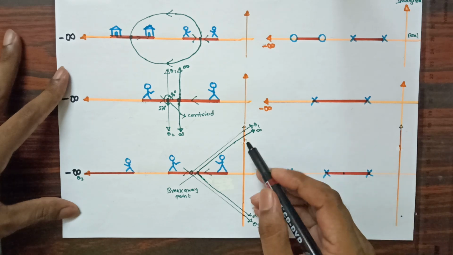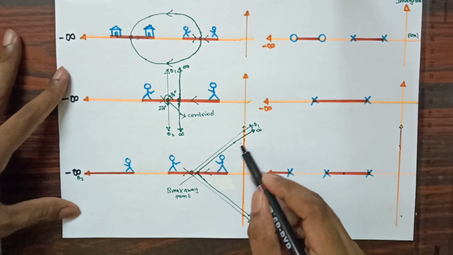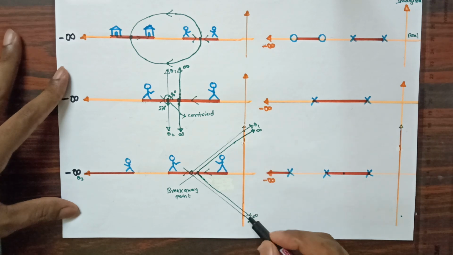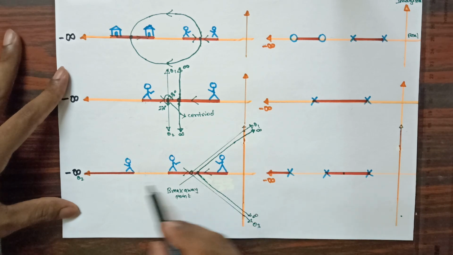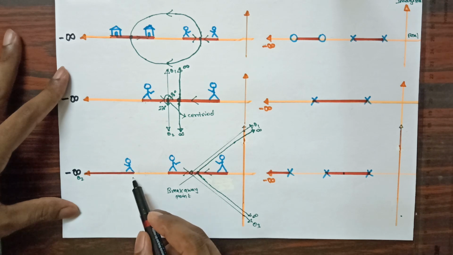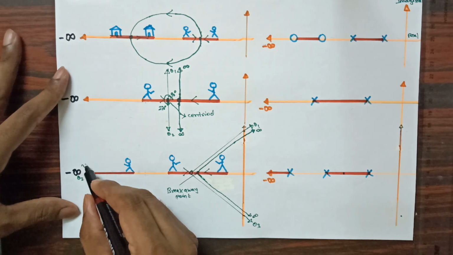Remember, in the root locus method we need to find this value, where exactly this person has intersected the imaginary axis. Now these two persons have approached infinity. When I apply the input to this person, he will try to move in this direction. This angle is also 180 degree, and by following that angle he will approach infinity.